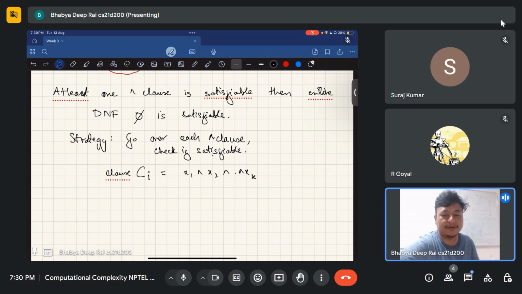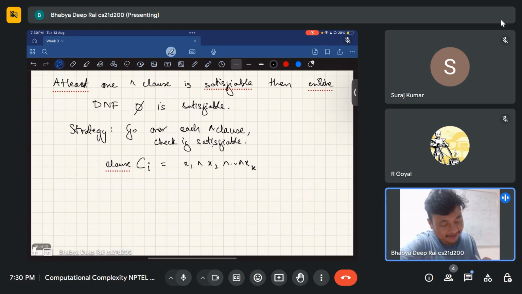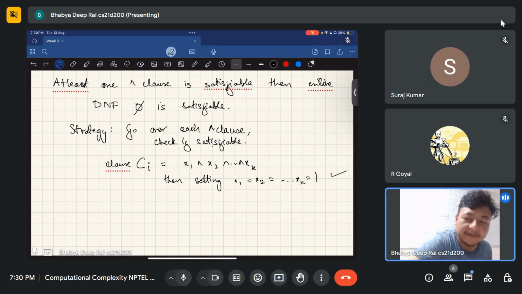This is a particular clause, and let's say there is no repetition of variables. Then what is an assignment that will satisfy Ci? Setting x1 equals x2 equals and so on till xk equals 1 is enough, it satisfies the clause.